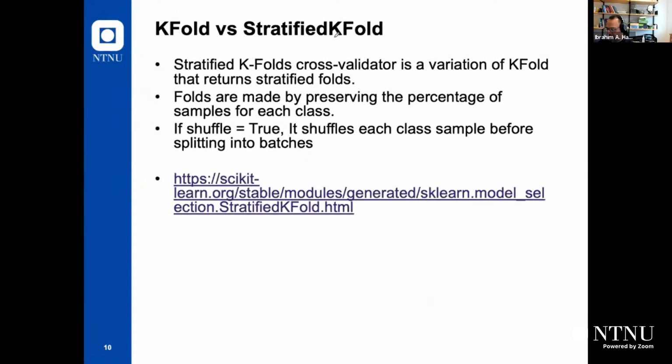With stratified k-fold, we will be sure that all classes are equally represented in those folds. Stratified k-fold cross validation is a variation of k-fold that returns stratified folds, which means all classes are equally represented. Folds are made by preserving the percentage of samples for each class. If shuffle equal true, it shuffles each class sample before splitting into batches.